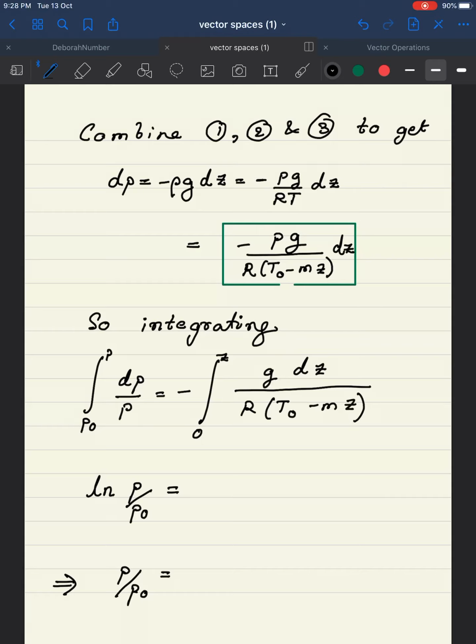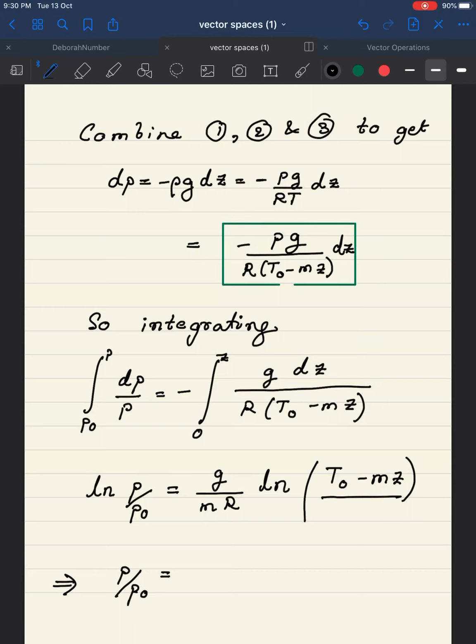Now if you integrate this, let's say the pressure at the 0 datum is P naught, and the pressure at z is some P. Then on this side, when you integrate, you have ln of P by P naught, obviously log to the base e, equal to, on this side you will have g, you will also have an m and an R, and then you also have a log, and in this case you will have T naught minus mz at the top.